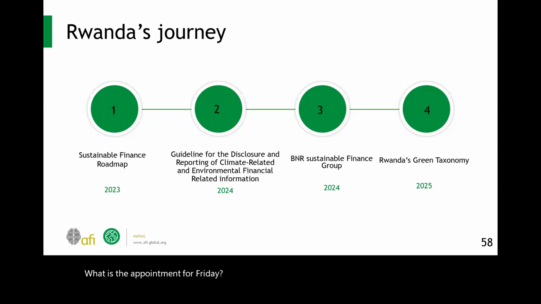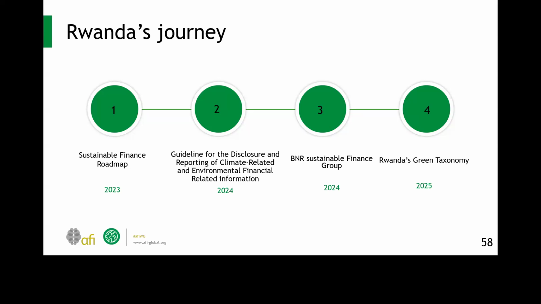After putting this roadmap together that had specific actions, and actually everything we implemented after 2023 is part of that roadmap. Then the National Bank of Rwanda issued their first guideline for disclosure and reporting for climate-related and environmental information.